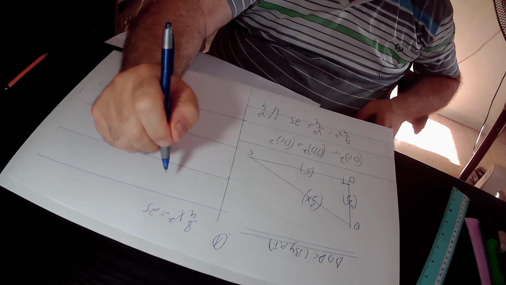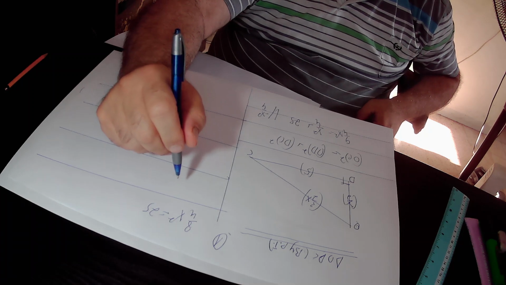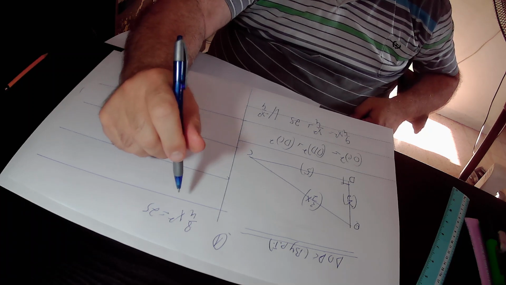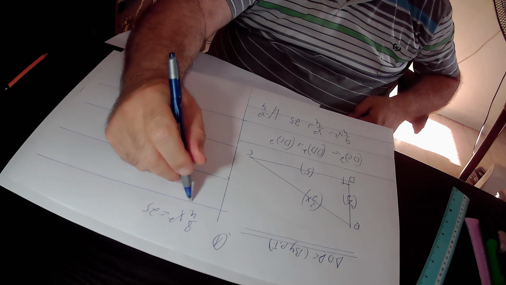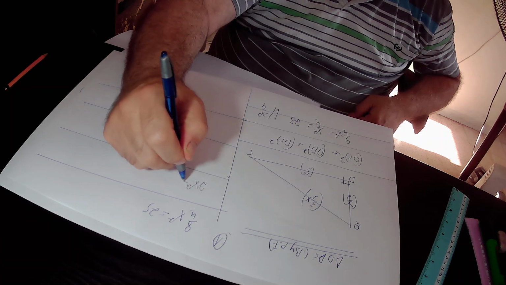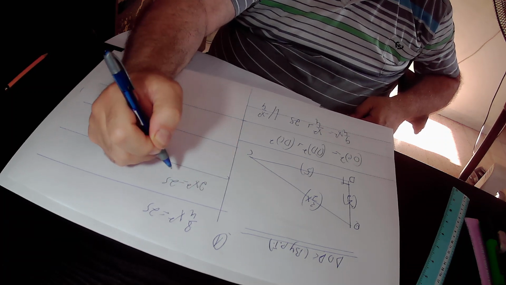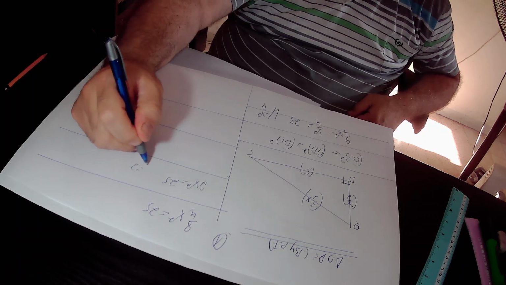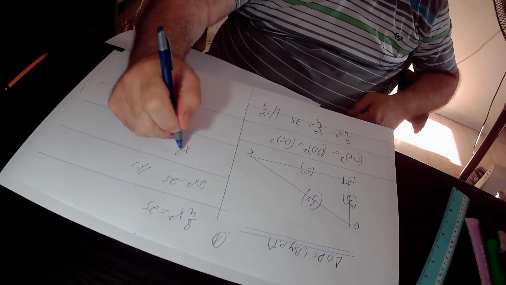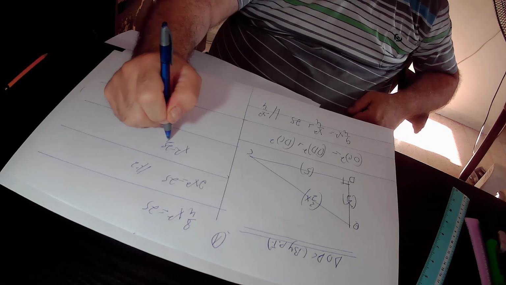In conclusion, we found out that 8 quarters x squared equals 25. 8 over 4 is 2, so this expression equals 2x squared, which equals 25. So here we divide this equation by 2 and finally get that x squared equals 25 over 2.